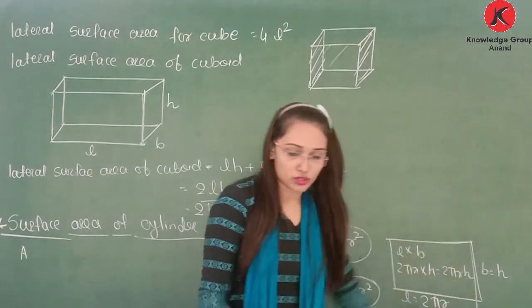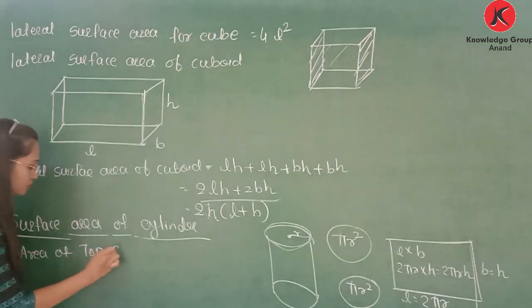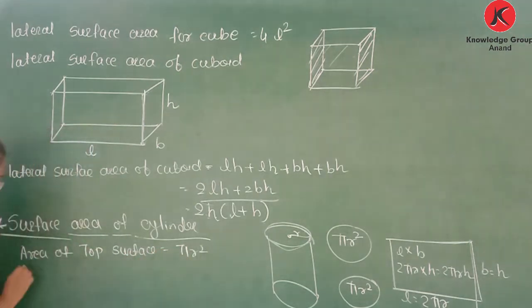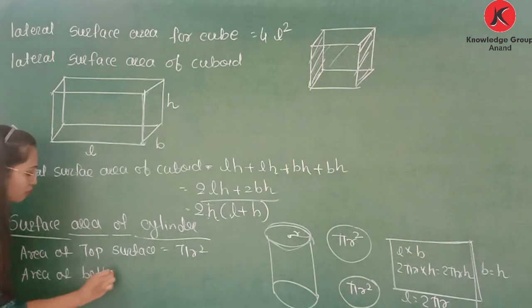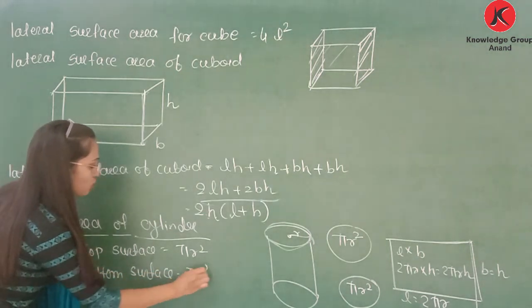Height is h. Clear? So here the area of the top surface is pi r square. Area of the bottom surface is also pi r square.